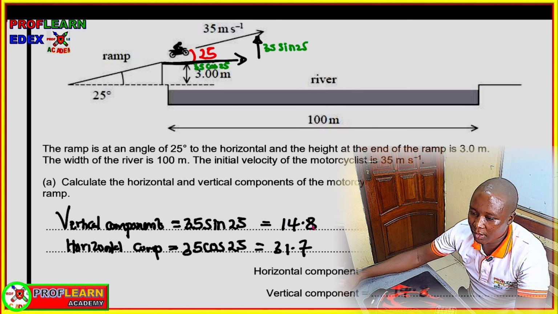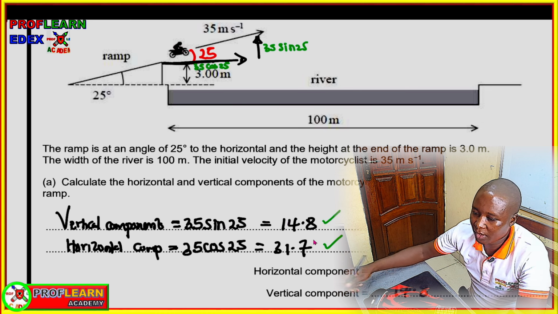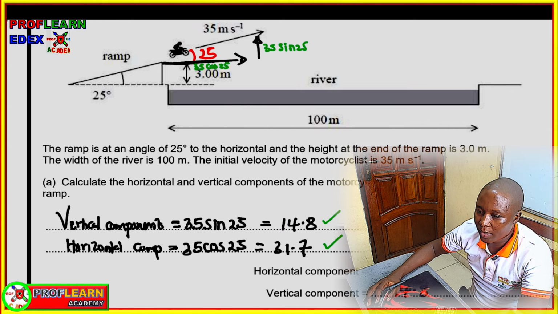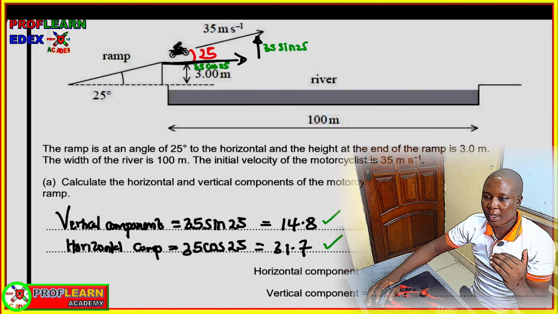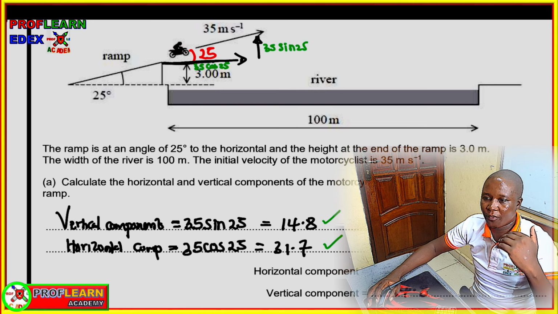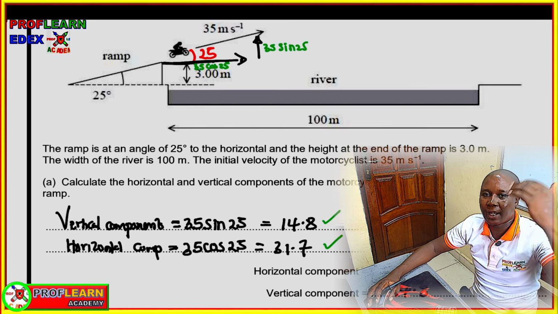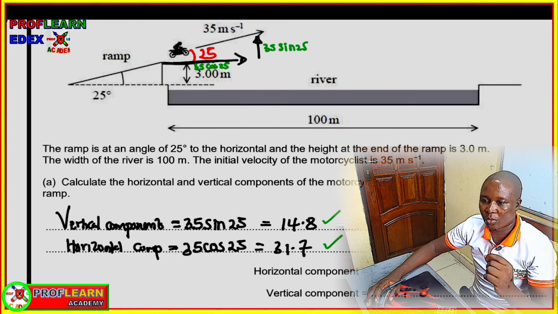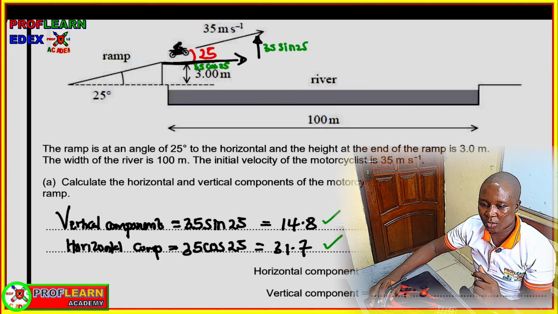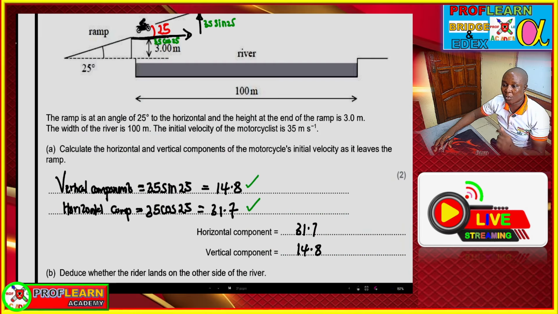So if you work it out, you are going to get these values here. Once you have those values, you can work out how high the object moves. Whenever you're working out the height, which is motion in the vertical direction, you use the vertical component. When you are working out motion in the horizontal direction, you use the horizontal component. That is the reason why we are working out these components, so that we can go ahead and use them.